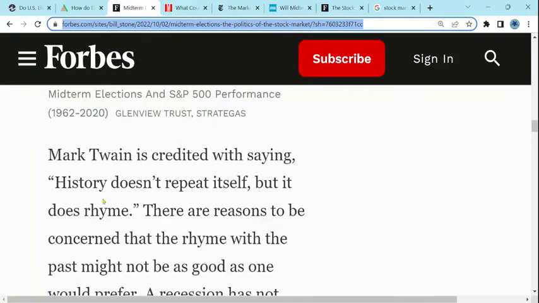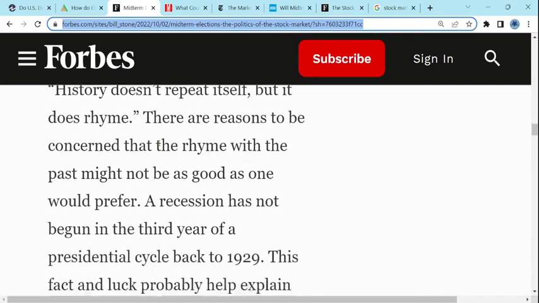They point out that Mark Twain is credited with the saying, history doesn't repeat itself, but it often does rhyme. I like that quote. I think it's very apropos. There are reasons to be concerned with the rhyme. Again, we're talking about 2022.